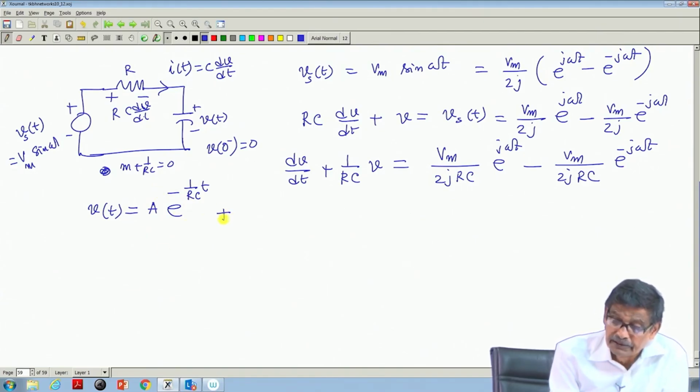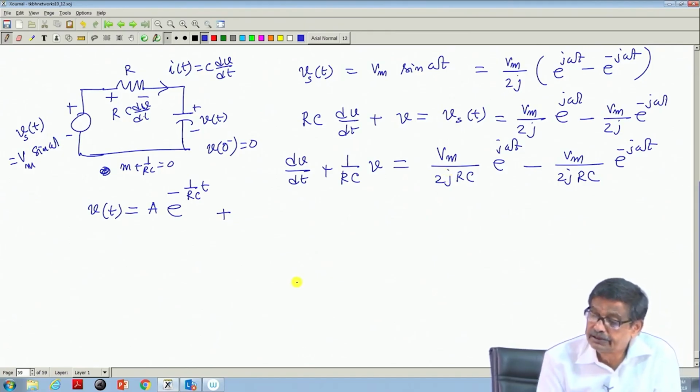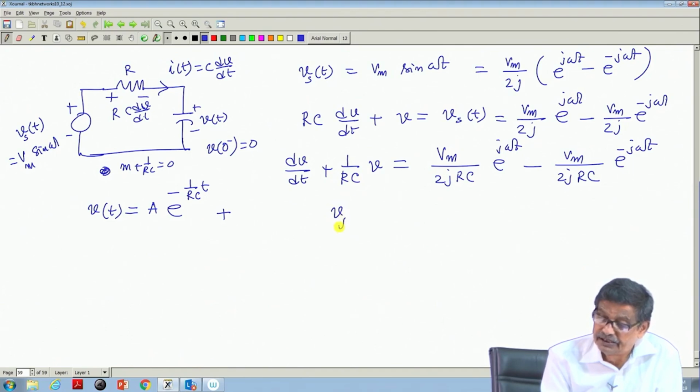Then the next part, the voltage across the plate of the capacitor, and here is an exponential input. So, I say that V f t, I write it separately, that is the solution due to the forcing function.